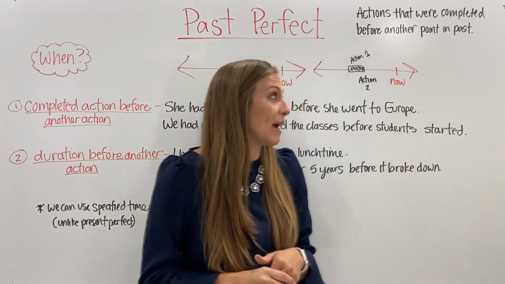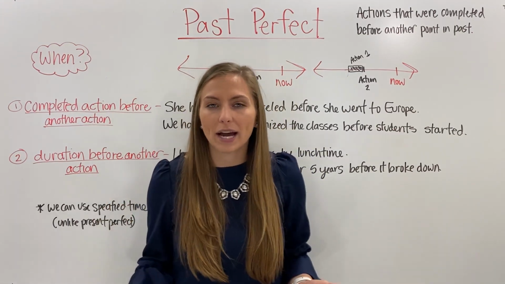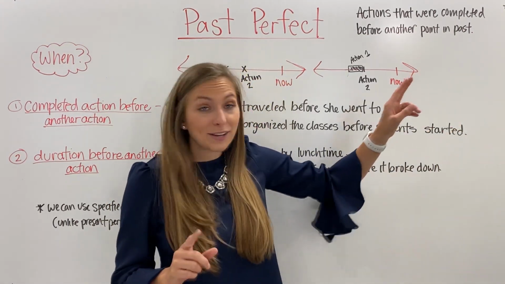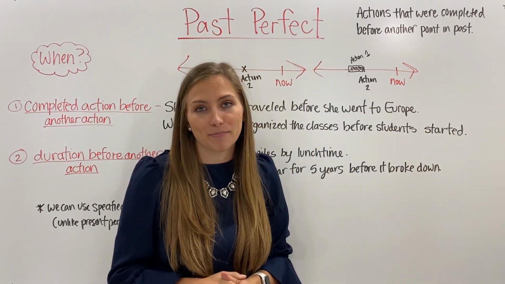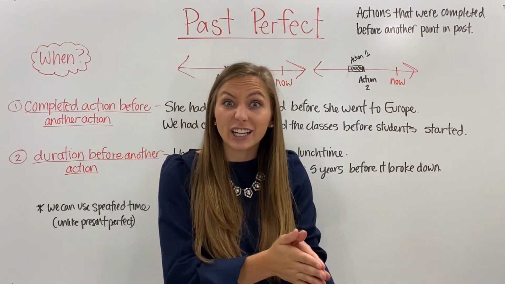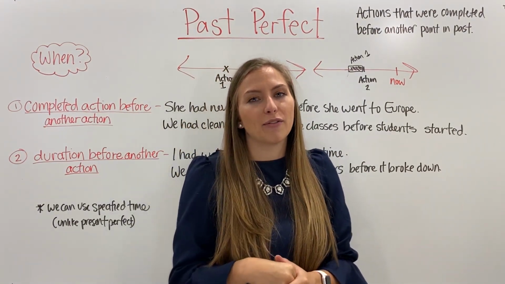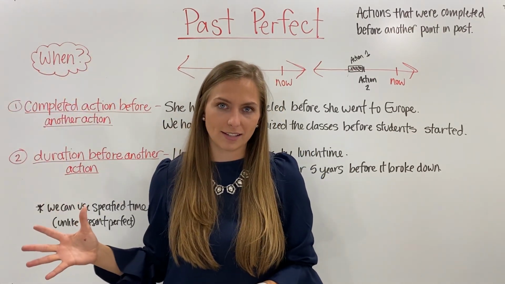The first question you might have is, well, what is the past perfect tense and when do I use this? The answer is much easier than the present perfect tense. Past perfect tense is much more clear and very direct, rather than present perfect tense where there are many different ways that we can use that tense.